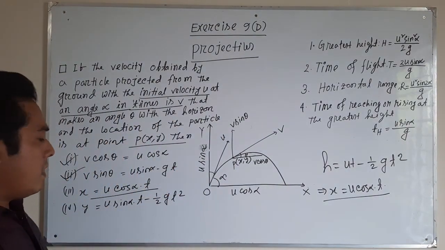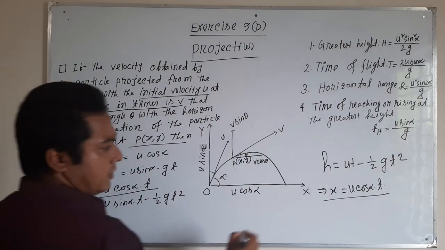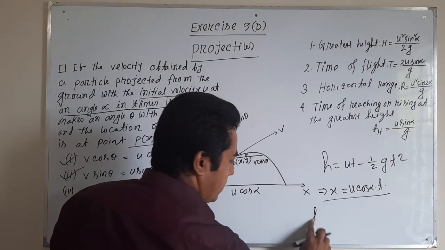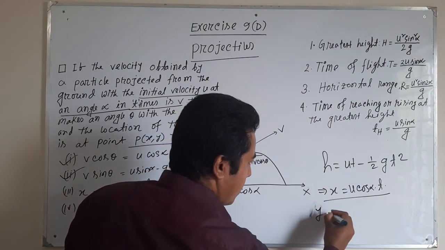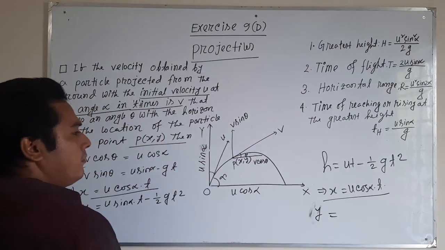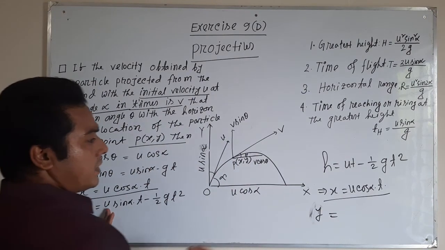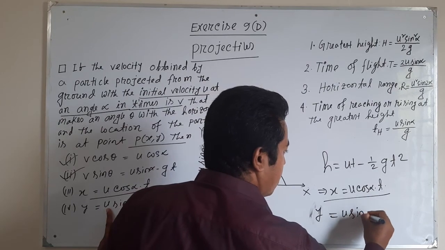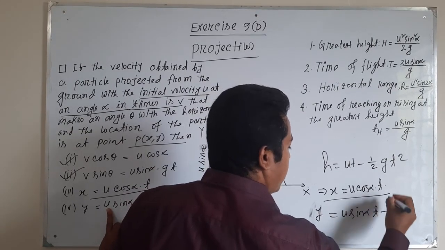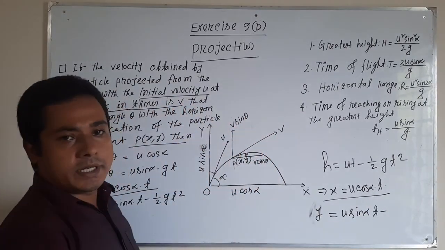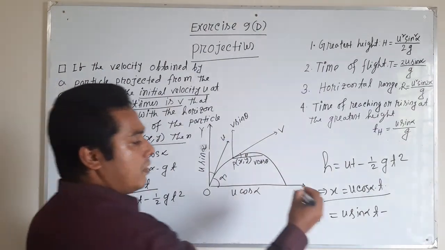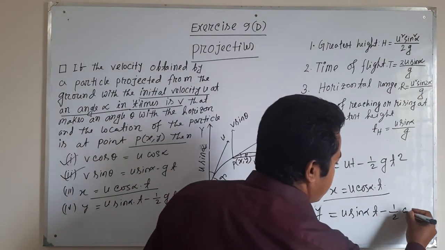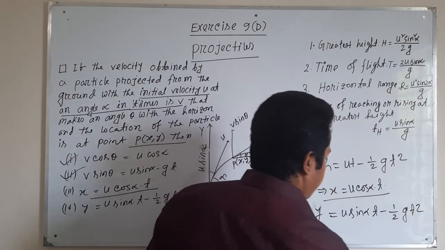Okay, and along the vertical line, h will be y, and u in the vertical will be u sin alpha t, minus, in the vertical line there is gravitational acceleration, so minus half of g t square.